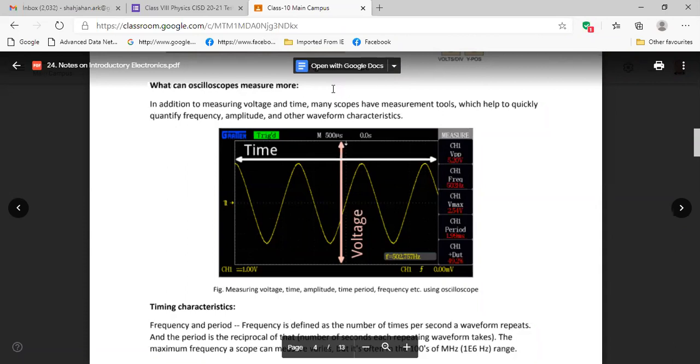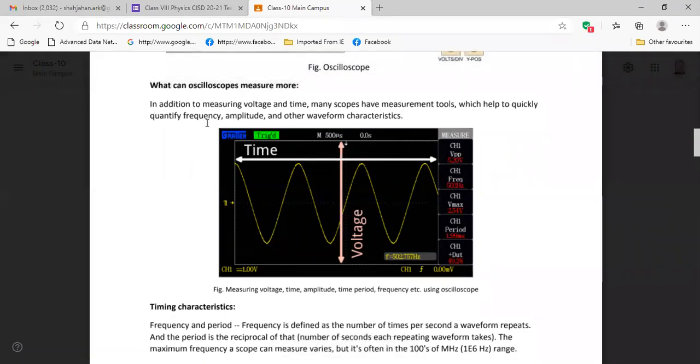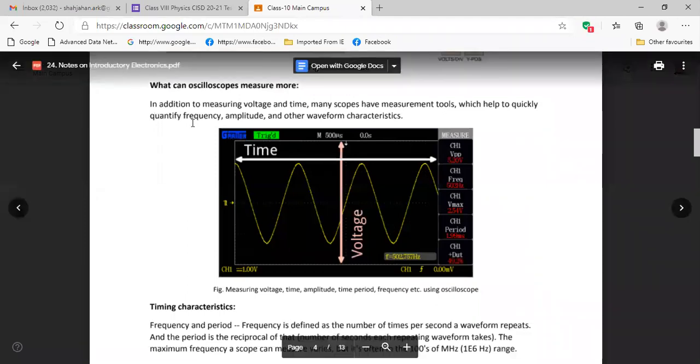Okay, look here, we have time. If you know the time period, then you can find the frequency, isn't it? What is the formula of time period and frequency? F equals 1 by T, isn't it? Yes, sir.